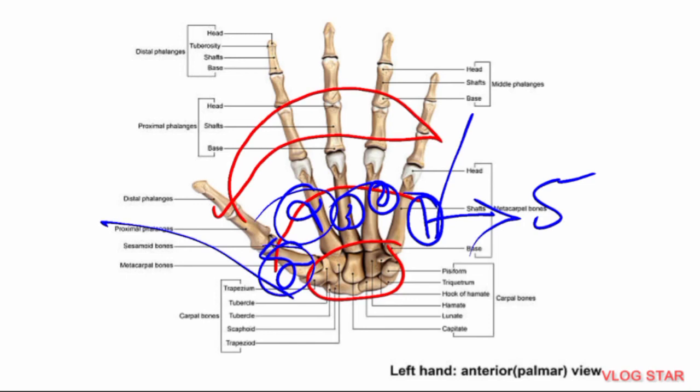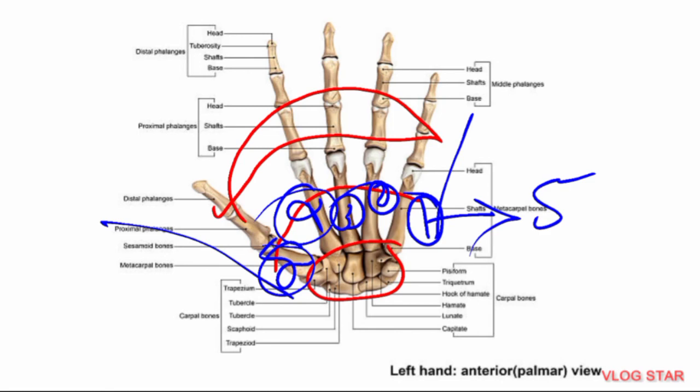Each metacarpal possesses a diaphysis and a single epiphysis. This is a unique property among the long bones, as most long bones have 2 epiphyses, but in this there is a single epiphysis.